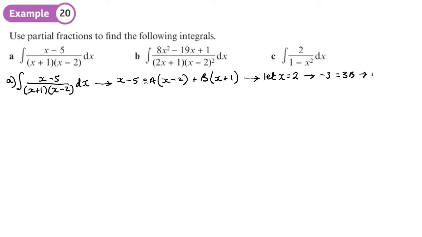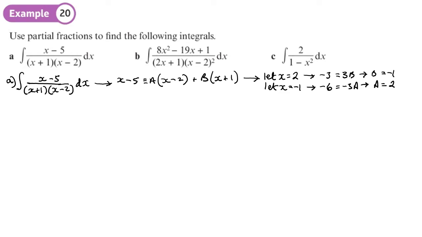So then we've got B equals negative 1, and then we would let x equal negative 1 to clear out the other bracket. So that will be negative 1 minus 5, which is negative 6, and then the second bracket will disappear. So we would have negative 1 minus 2, which is negative 3. So we'd have minus 3A, which means that A equals 2.